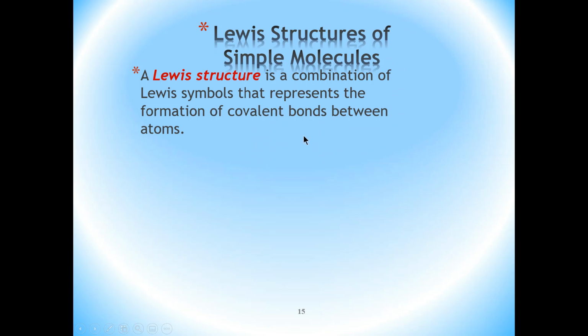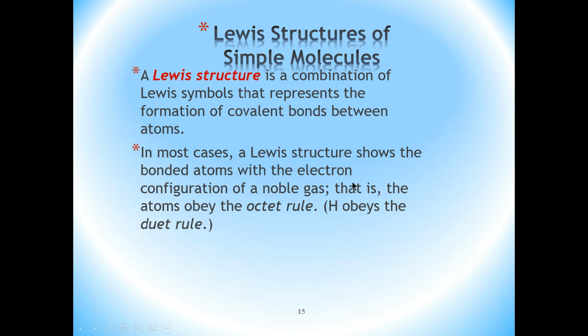The Lewis structure for a molecule basically shows you how the atoms are put together, using the same symbolism for electrons, using dots, and also some other representations for the formation of covalent bonds between atoms. So we're going to get into how we can determine the Lewis structures for those structures.